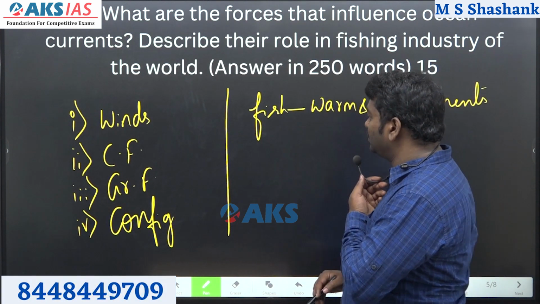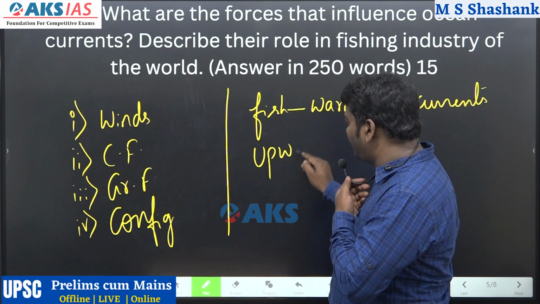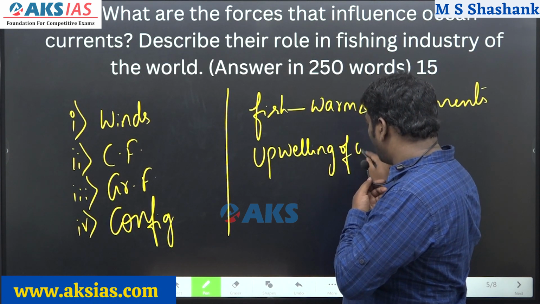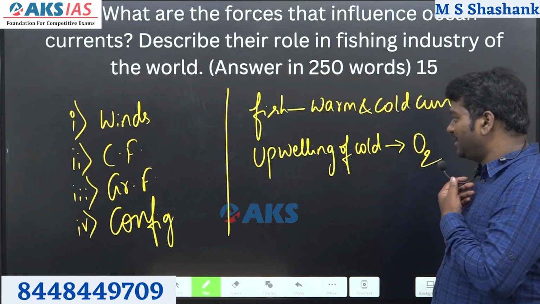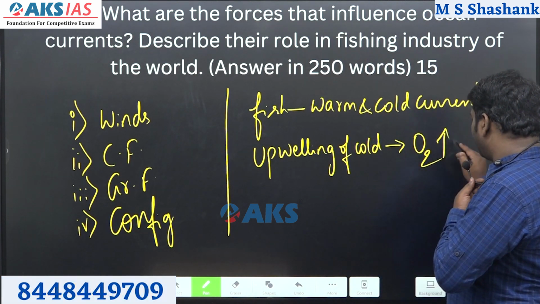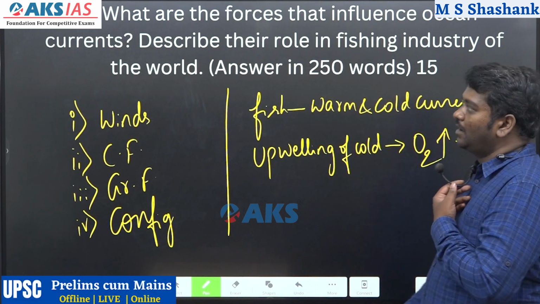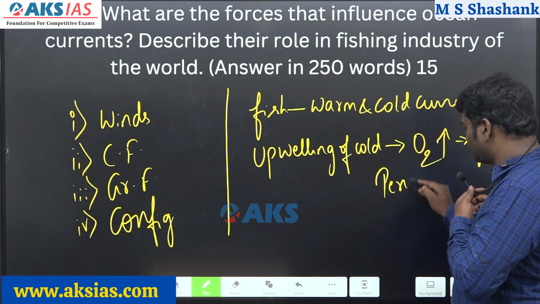You need to also give about upwelling of cold water, and whenever cold water upwells which are coming from the poles, oxygen content increases, and as oxygen content increases, fish growth increases. Fine. So especially in the Peru Chile region.